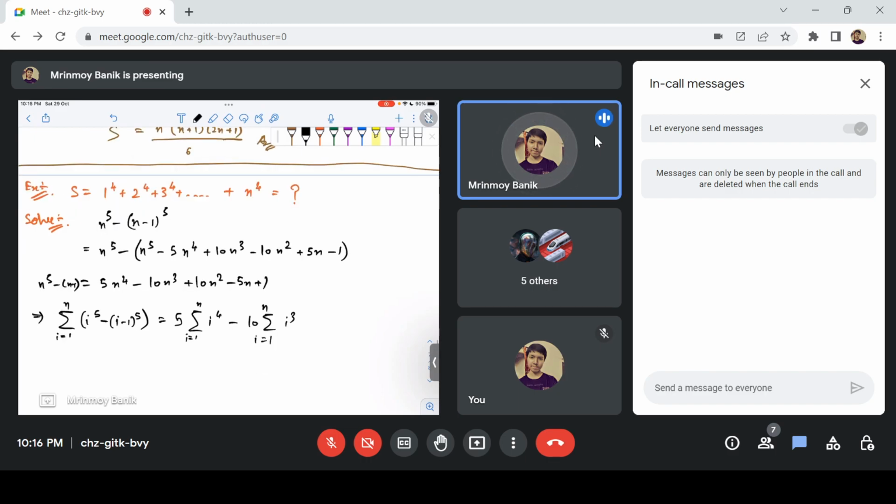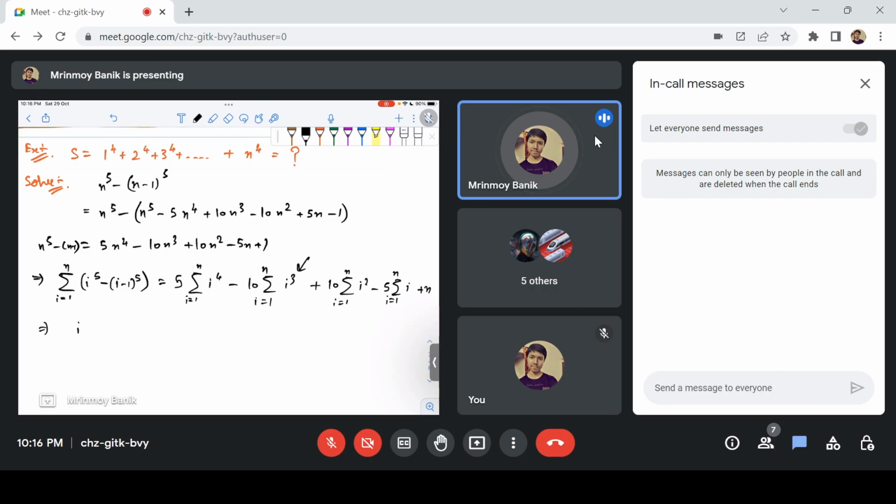Actually, to compute this, we first have to compute the sum over the cube of the first n natural numbers. So that I will assume we have already calculated. So next we have 10 times i squared, plus 5 times i, and plus n.